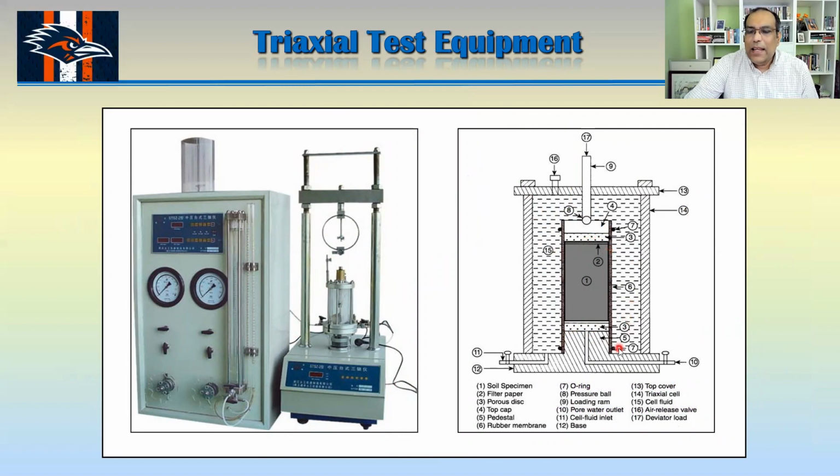You can apply cell pressure from here, and you can change that cell pressure or confining pressure using this instrument. You can also see how the volume is changing. Once you allow it to consolidate, then you start applying this load for shearing.